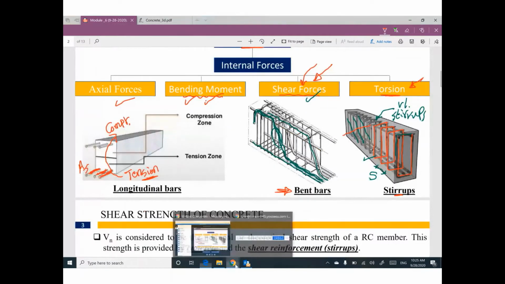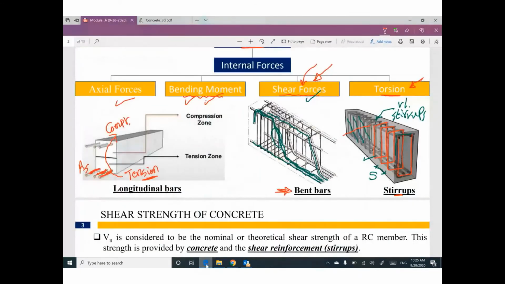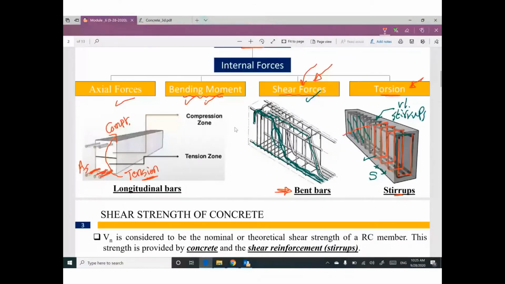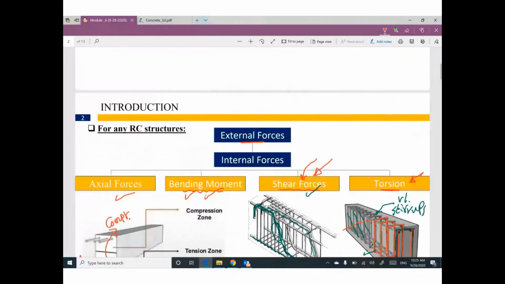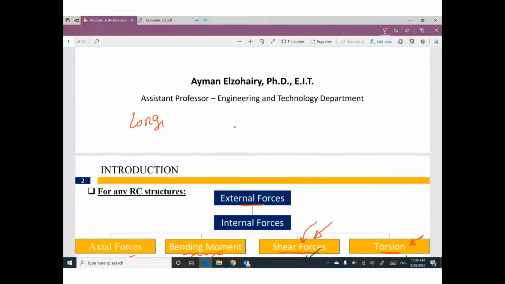Understanding this concept is very easy, because how to calculate the stirrups and the spacing is a piece of cake. But you need to understand, if you have shear, we have stirrups. By the way, this reinforcement can be called longitudinal reinforcement. Sometimes we call it main reinforcement.